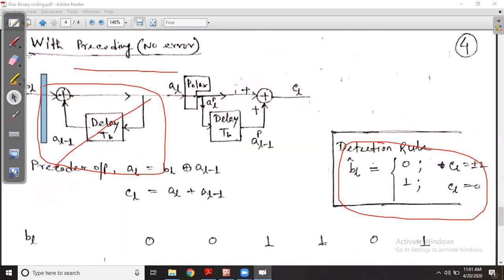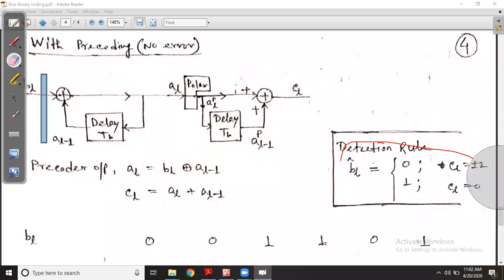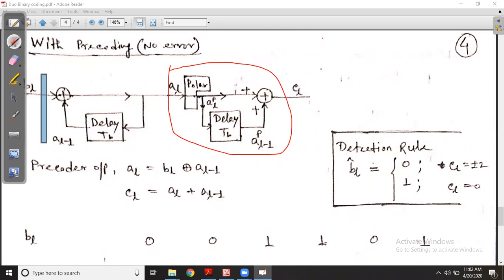This is also duo binary, or duo binary with pre-coding technique. Duo binary with pre-coding technique is known as differential encoding. This portion is duo binary, this portion is pre-coding. Together it is known as the differential encoding technique, or modified duo binary, you can say better.